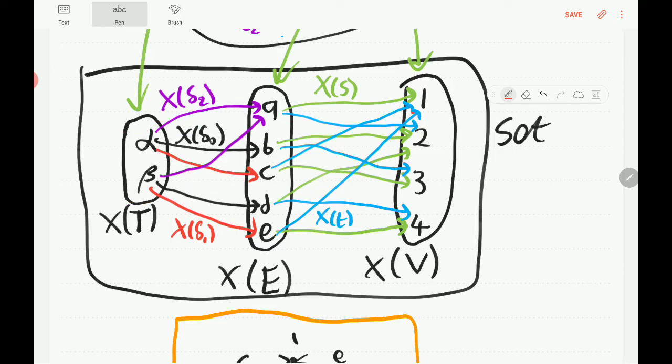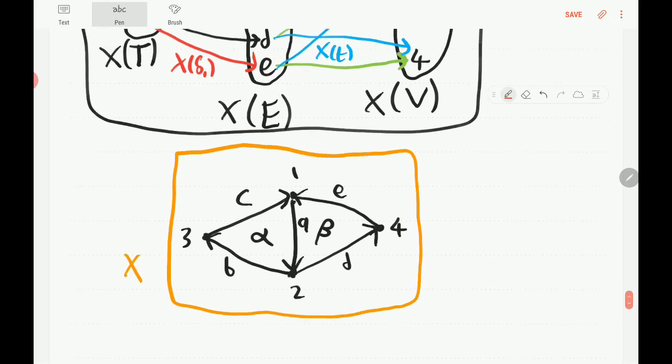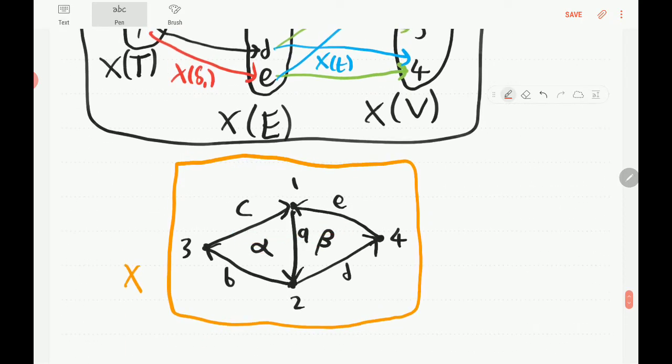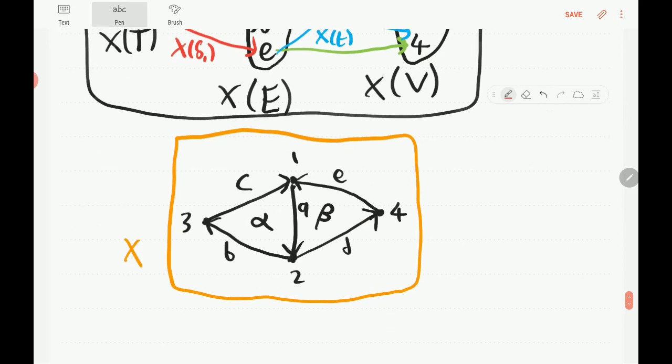And then these just allow us to associate these different sorts of triangles with directed edges, and then X of s maps a given directed edge to its source vertex, and X of t maps such a directed edge to its target vertex.